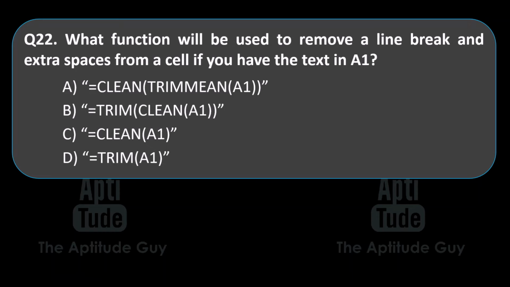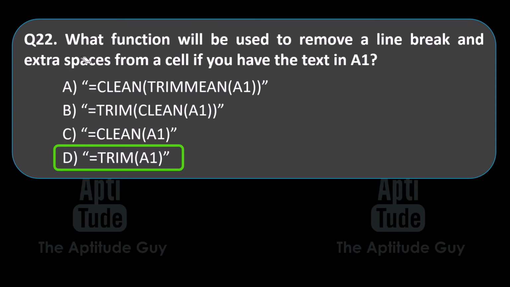The answer is option D, the TRIM function. It makes a lot of sense, right? What do you mean by trimming? Trimming is basically cutting off a few things. So if this is the length of your hair, trimming it means trim this part. That's all. A little bit of a cut. So whatever is extra, you cut it off. That is trimming. The same thing over here.